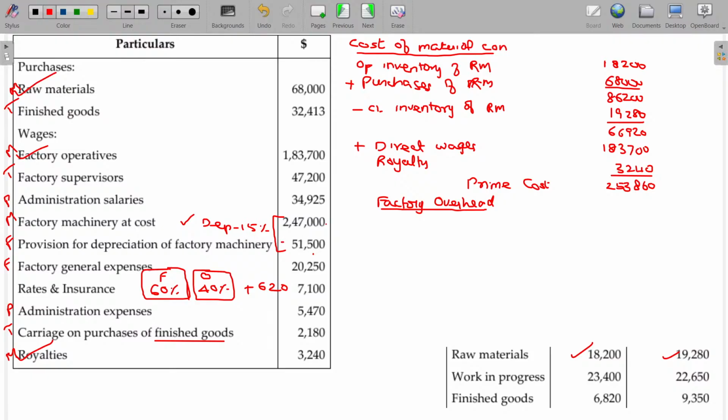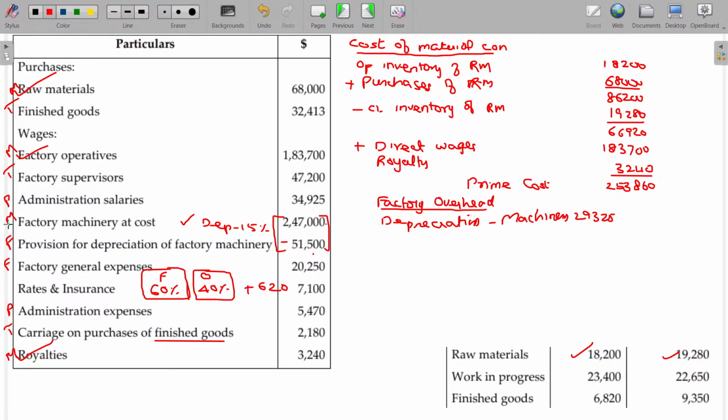You have to subtract this. On that balance, you have to calculate 15%. Depreciation on machinery, and this value being 29,325.